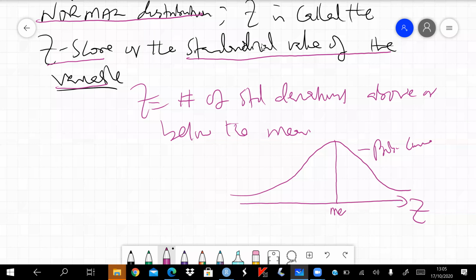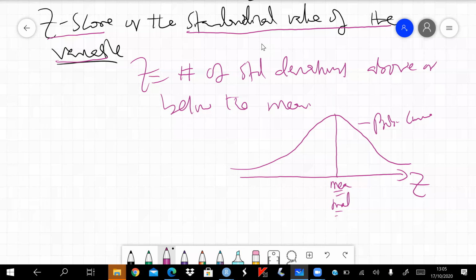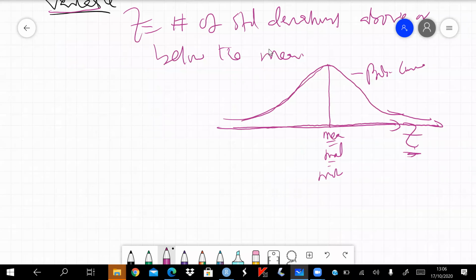So this will be the mean, which is equal to the median and equal to the mode. So we shall be having a curve which is similar to that of the normal distribution, like that. But now instead of having x down here, we have a z. So I want us to look at the properties of the standard normal distribution.